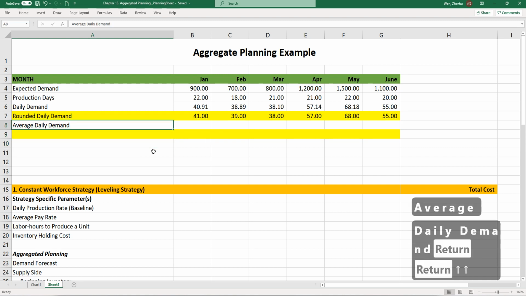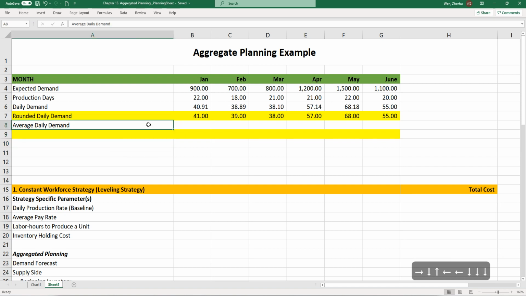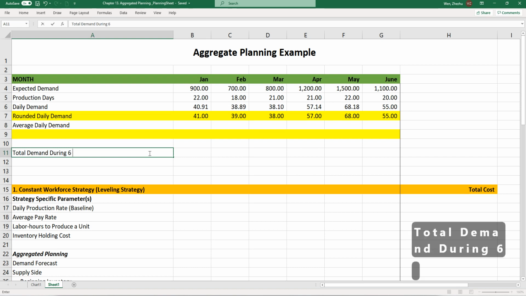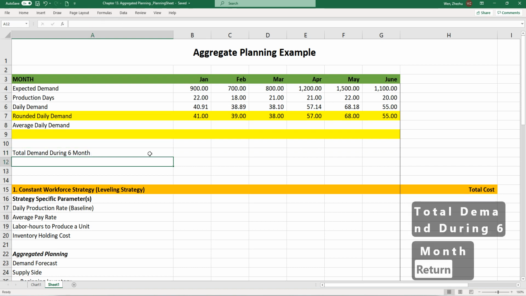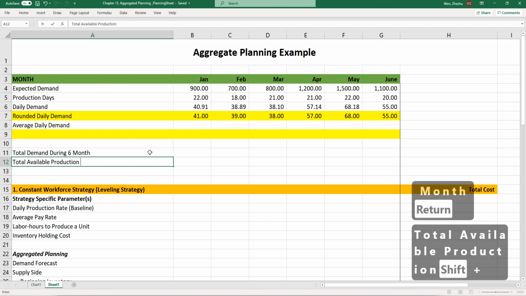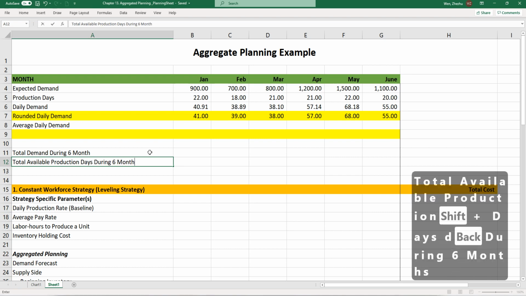So I think in my 9 o'clock class I showed a slightly different way of doing it. But in general, if you think about what the average daily demand is, it's going to be your total demand during 6 months and your total available production days during the 6-month period.